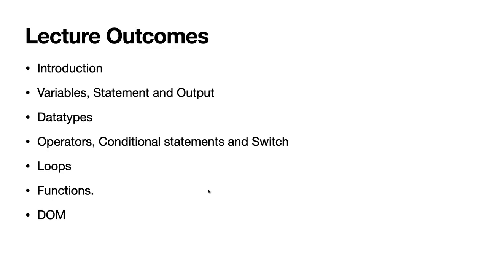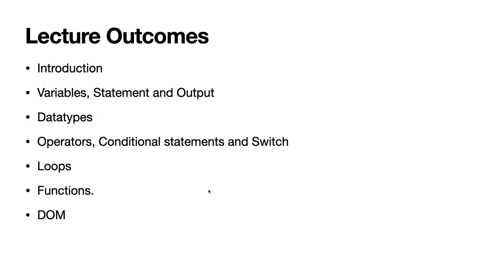We are going to see operators like comparison operators and other operators, also logical operators, etc. And we are going to see conditional statements like if, else, else if. We're also going to see switch cases, as well as looping statements like for, while, and for each loops.